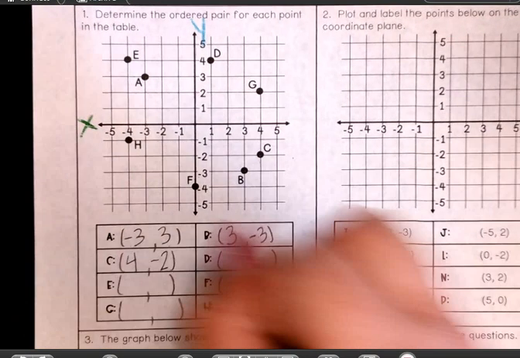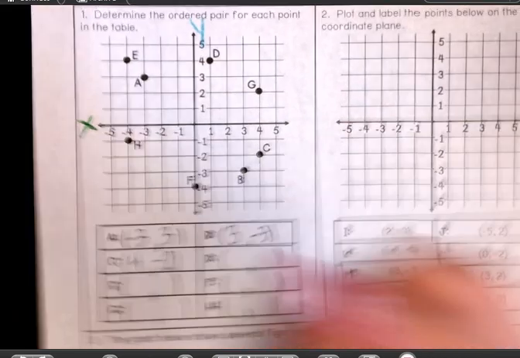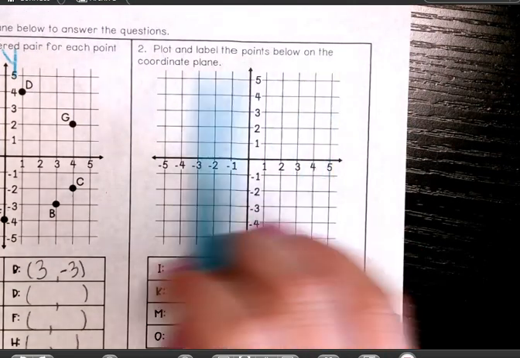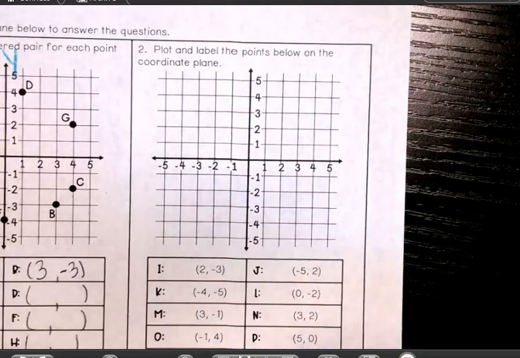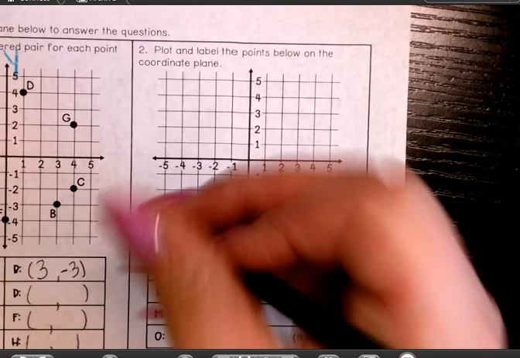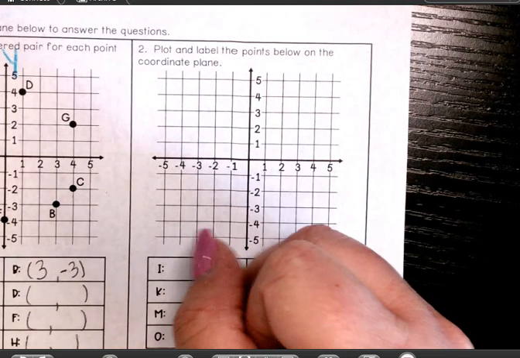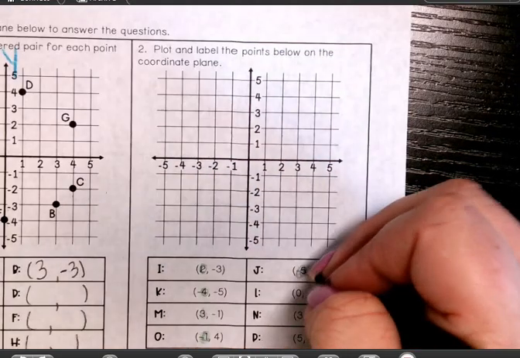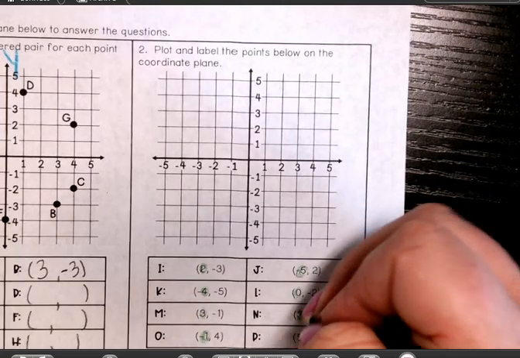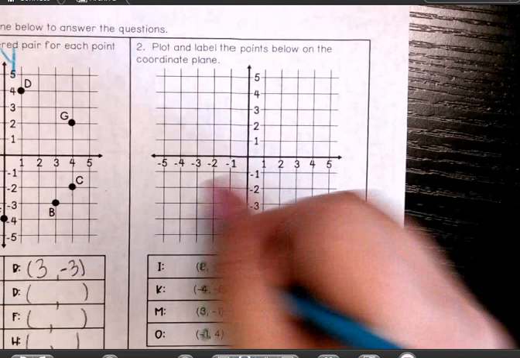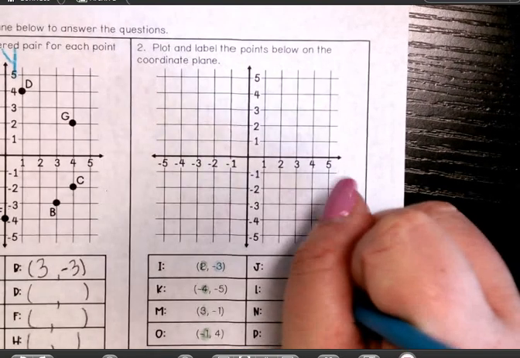Okay, let's look at number 2. It says plot and label the points below on the coordinate plane. Now, you don't have to do this. I kind of lightly shade over what is going to be on the x-axis, and then I lightly shade over what's going to be on the y-axis.